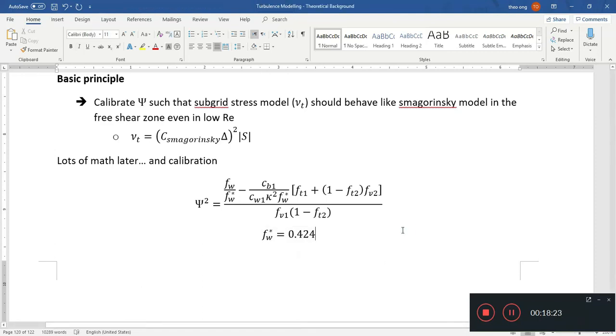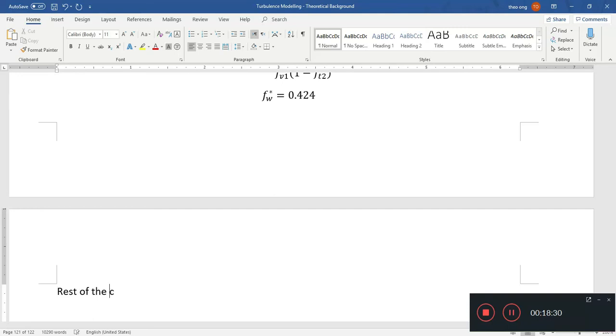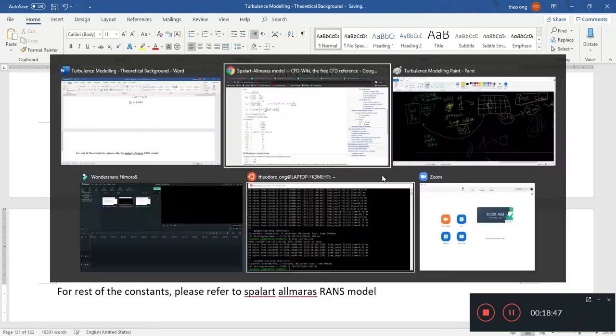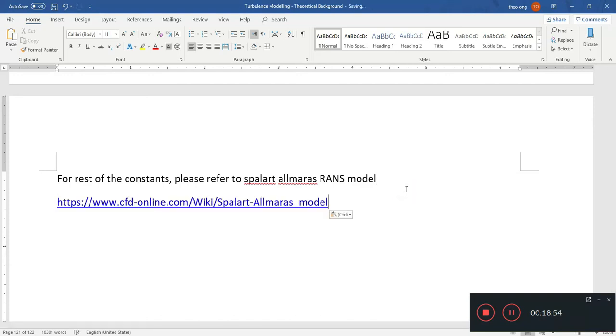It's just a calibration constant. For the rest of the constants, please refer to the Spalart Allmaras model. You can Google it, the CFD online website, it's all in the description.